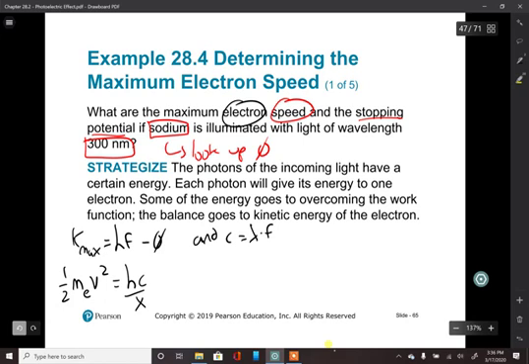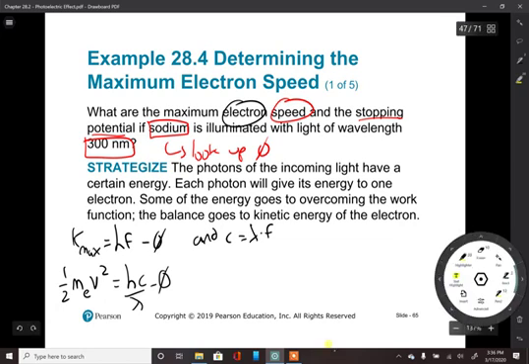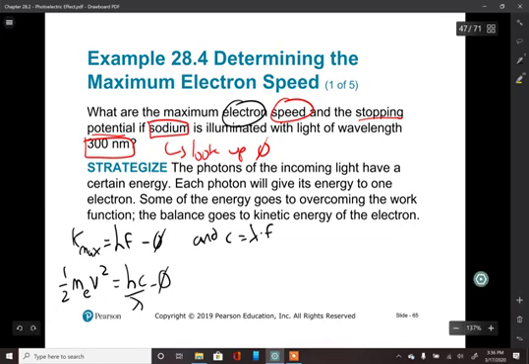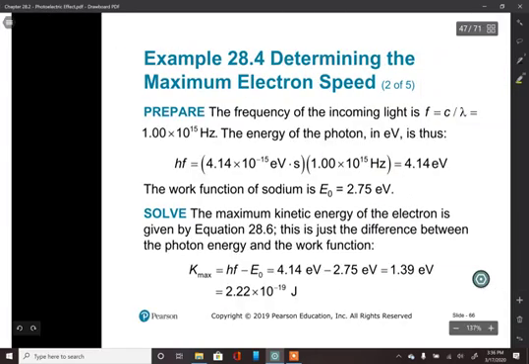That's really sloppy, so let's rewrite that a little nicer. This right here is really the only equation we need for the first part. I've put all the pieces together. We know the mass of the electron, we know h, we know c. Those are all constants that are on the AP sheet. Lambda and phi are given in the problem, so you just plug it in and solve. The next slides will be them doing that.